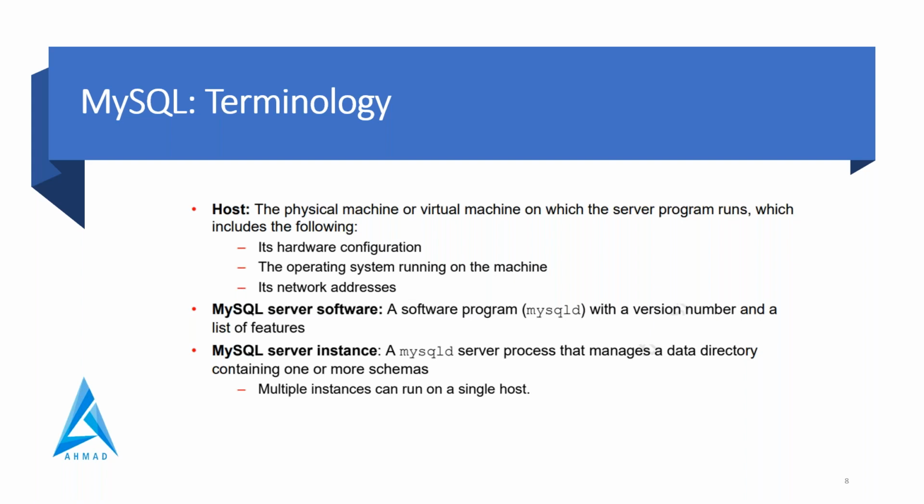And a MySQL server instance is a mysqld server process that manages a data directory containing one or more schemas. So multiple instances can run on a single host. This terminology will be used if you are installing or configuring MySQL server software on your virtual machine or physical machine.